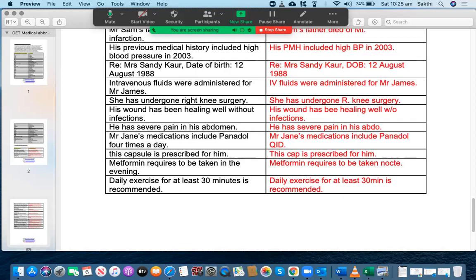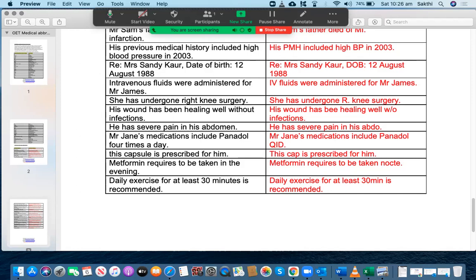All right. Mr. Jane's medications include Panadol QID. Mr. Jane's medications include Panadol 4 times a day. This cap is prescribed for him. This capsule is prescribed for him. Metformin required to be taken NOCT.